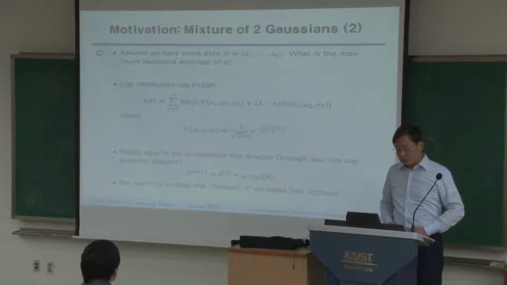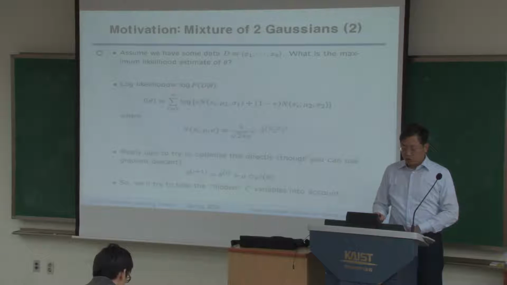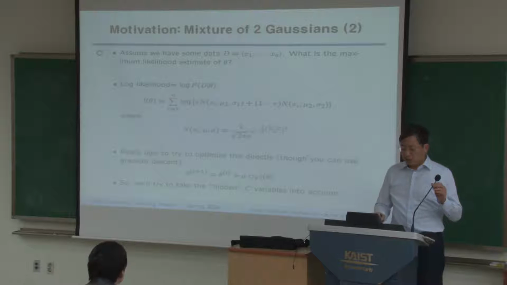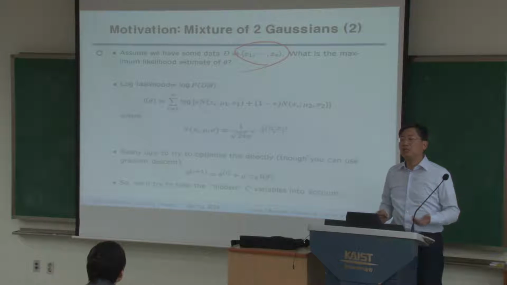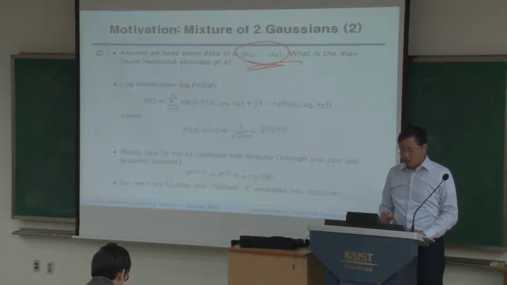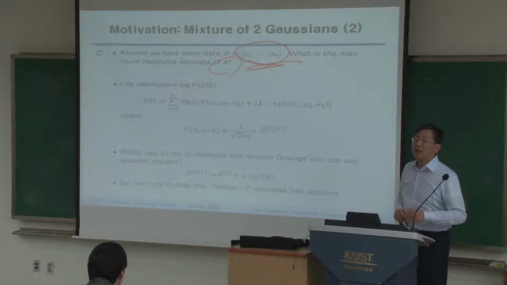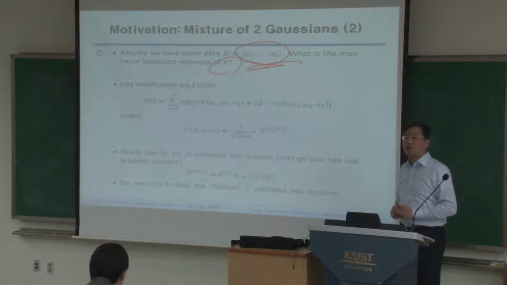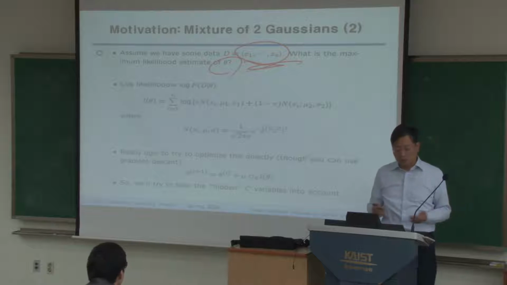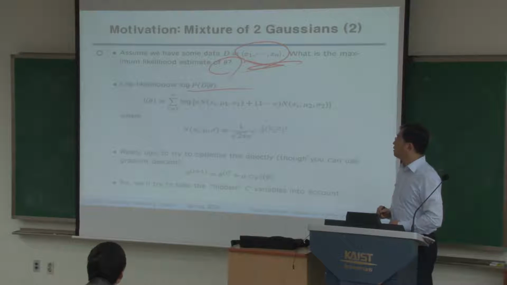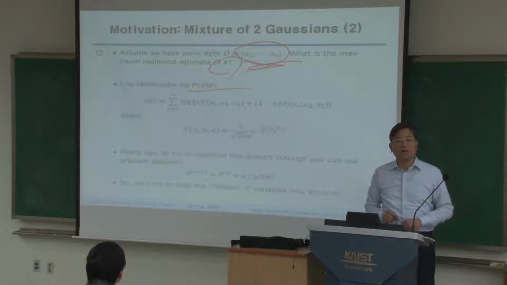So you may say, okay, usually the setting is you're given n training data, how do you get theta? Okay? So that's the setting that we like to do. And you can think of maximizing the log likelihood.